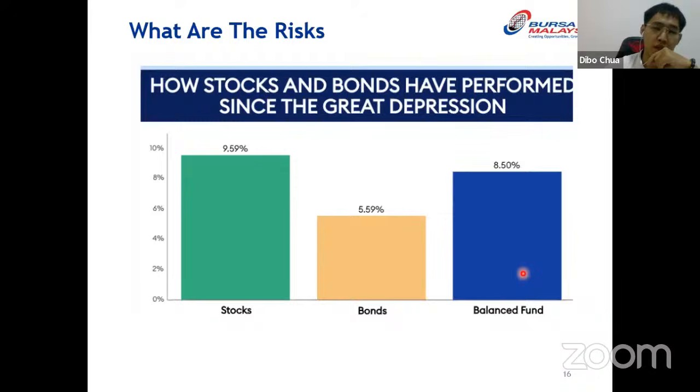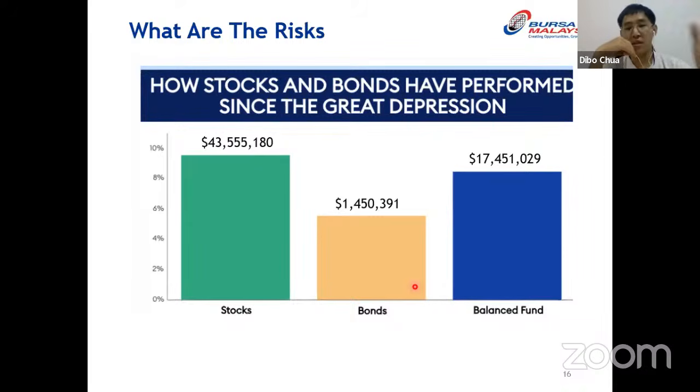If we put it into dollar terms, let's assume that you invest 10,000 into stocks, 10,000 into bonds and 10,000 into balance fund. Until today, it will be worth: stocks 43 million, balance fund 17 million, and for bonds, it's only 1.4 million. So from this slide and from this data, we can conclude one thing.